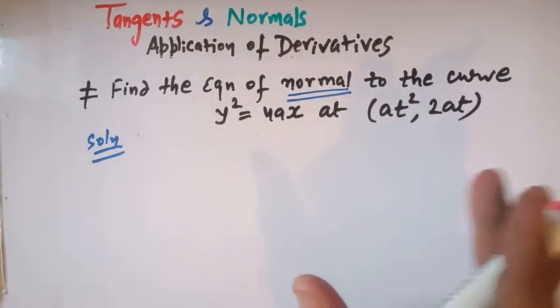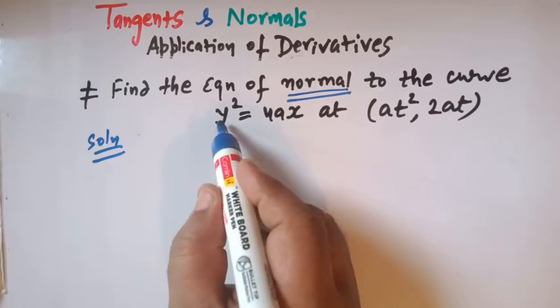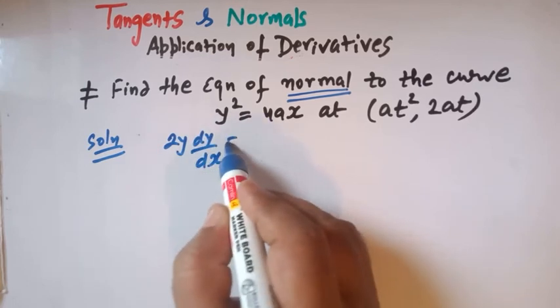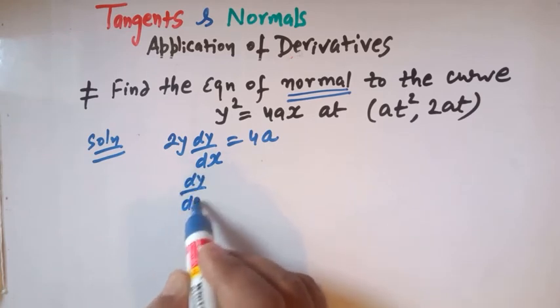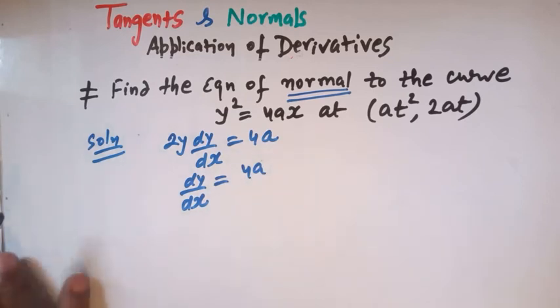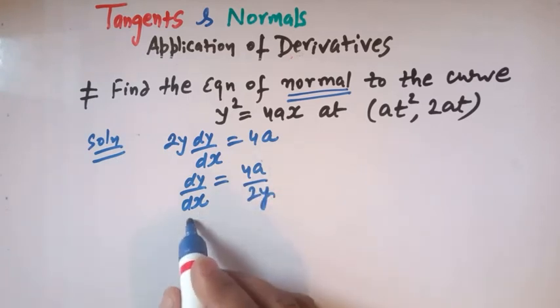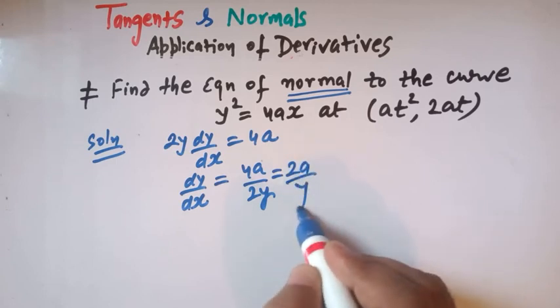Now here in this example we'll find both the equation of tangent and normal. So let us differentiate it. So we have 2y dy/dx = 4a. Clear? Now dy/dx = 4a/2y. Clear? So we have this is equal to 2a/y.